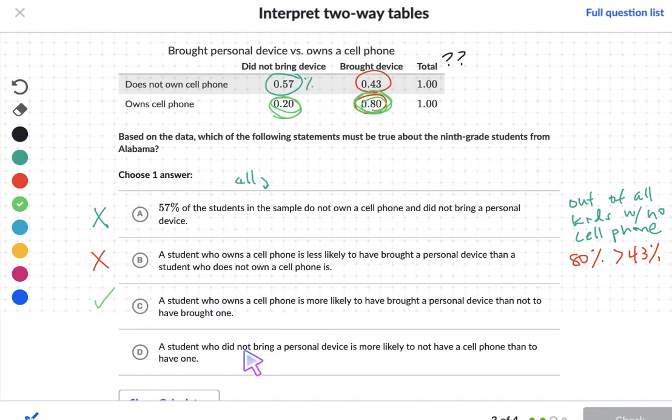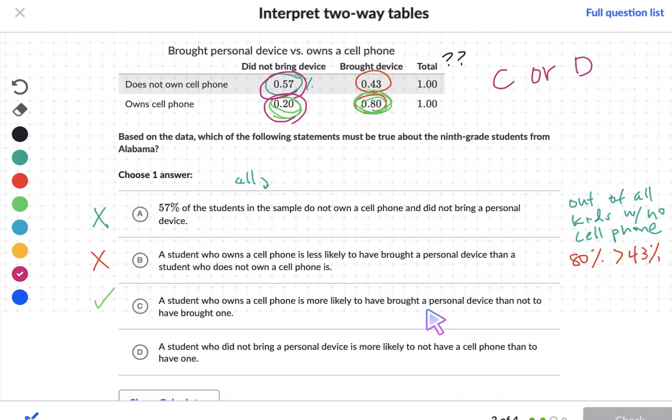And a student who did not bring a personal device, so these guys, is more likely to not have a cell phone than to have one. Oh, that could be possible as well. So it could be C or D. Okay? So one of them is a trick because both of them sound right. Let's see which one is the trick.